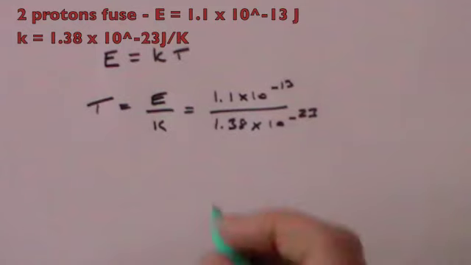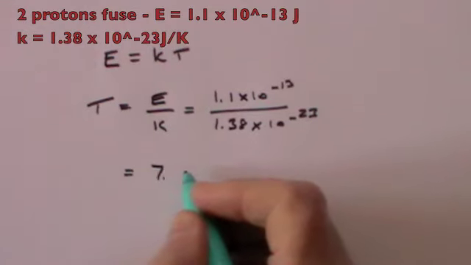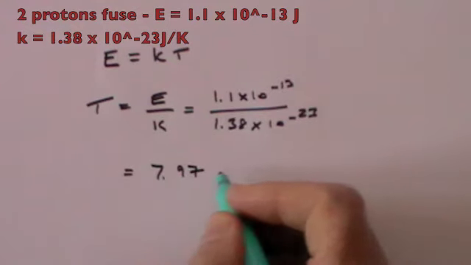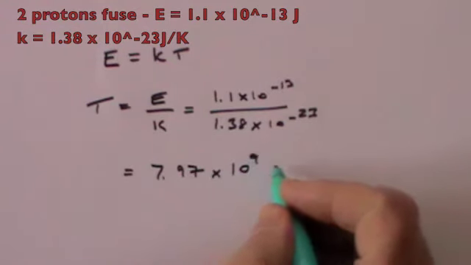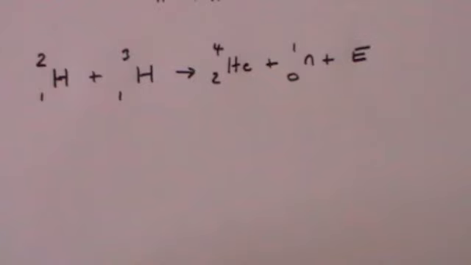And if you calculate that out, you should get that that comes to 7.97 times 10 to the 9 Kelvin, or 7 billion degrees.